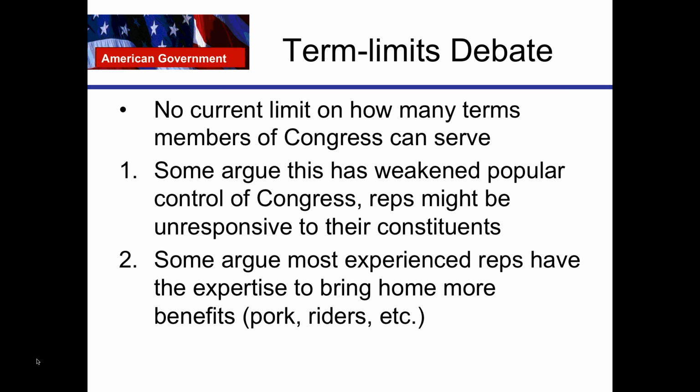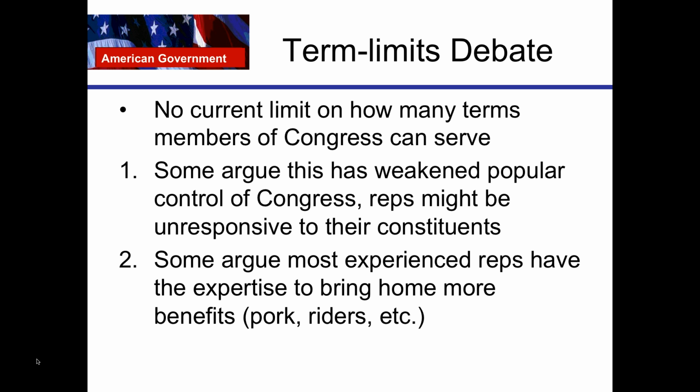Some argue that most experienced reps have the expertise to bring home more benefits. So they would be against term limits. They like experienced representatives. Others will also say that they don't have to rely on lobbyists and bureaucrats as much because they have more experience in government.